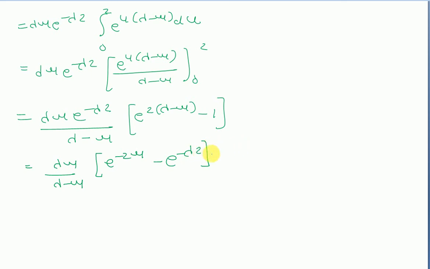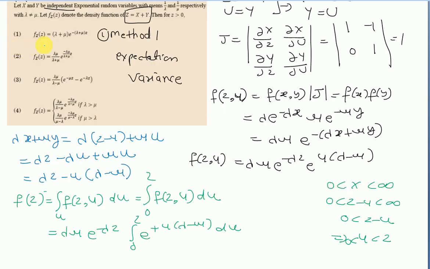So this is it, and what is the range of z? Let us think about what should be the range of z. Z is what? X plus y. X is going from 0 to infinity and y is going from 0 to infinity. So directly we can think that z is greater than 0.